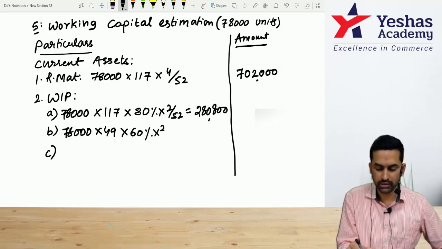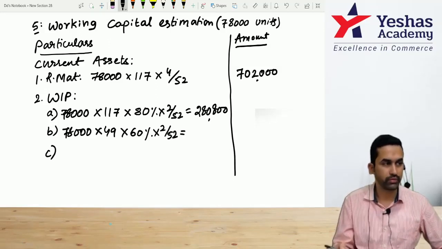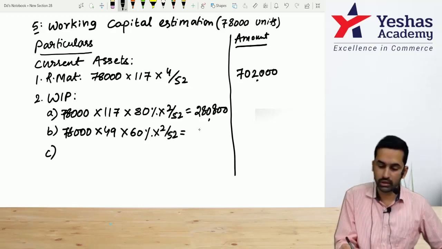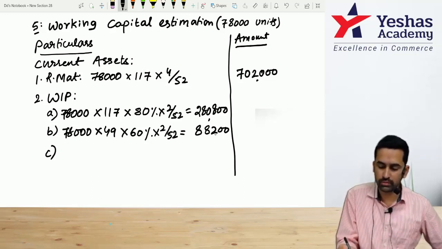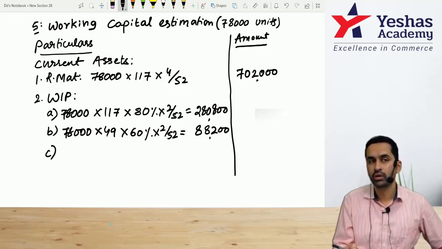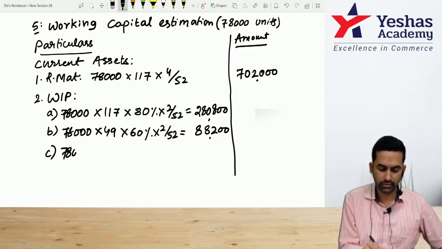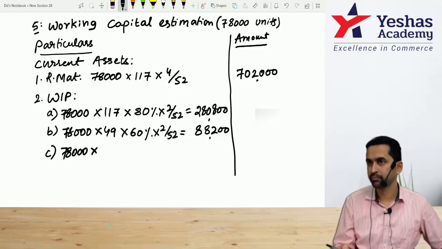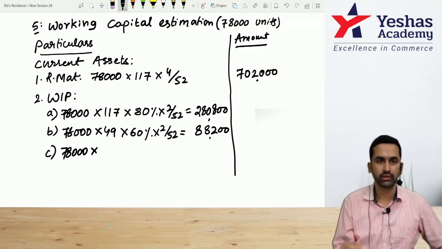Same way, labor component 78,000 into 49. Degree of completion is 60%. 2 by 52. 88200. Overheads, when you do, remember it's not 98. That's the depreciation component.